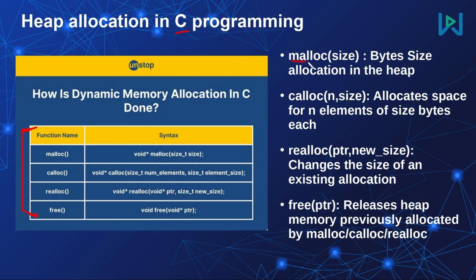So malloc, this is a standard C function, part of the standard C library, that allows the allocation of a set of bytes within the heap memory. The amount of bytes to be allocated within our heap memory will be specified by this input parameter.